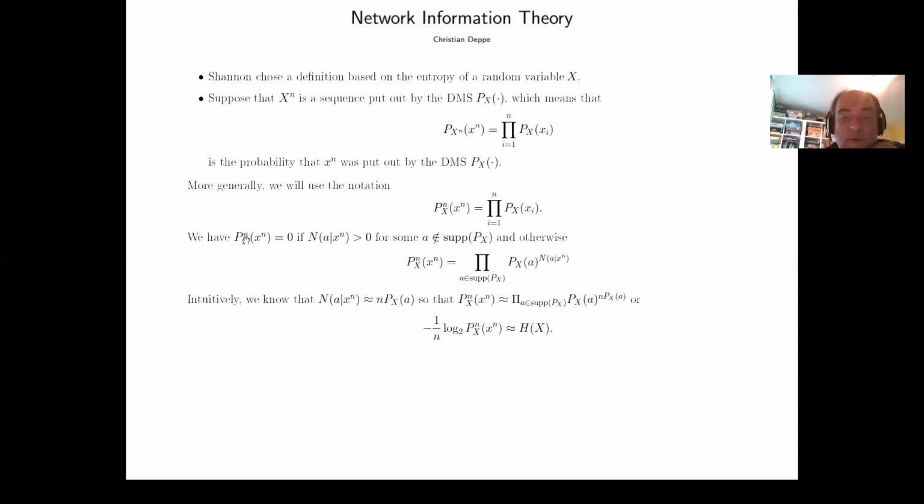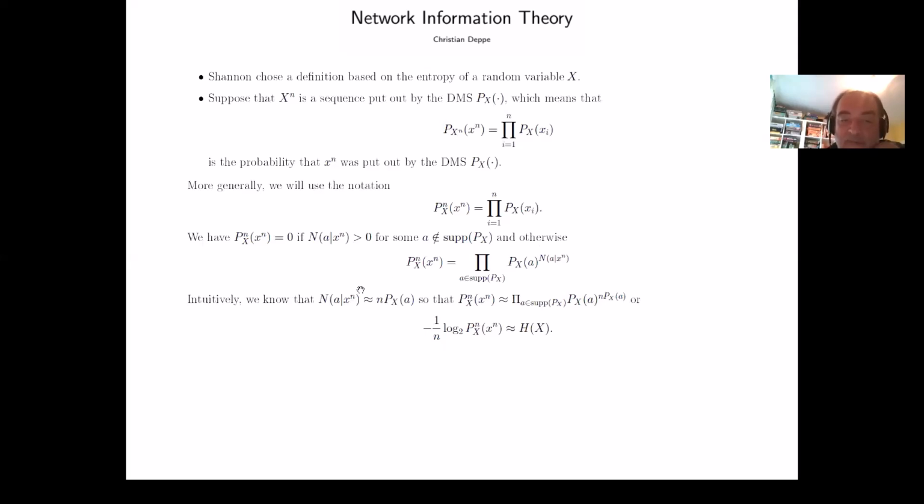Then, of course, the probability is 0. Now, what can we do? Instead of writing this product in this way, we just count the number of appearances of a symbol in x^n and write p_X(a) to the power N(a|x^n). That's possible, of course. It's just some kind of renumbering.